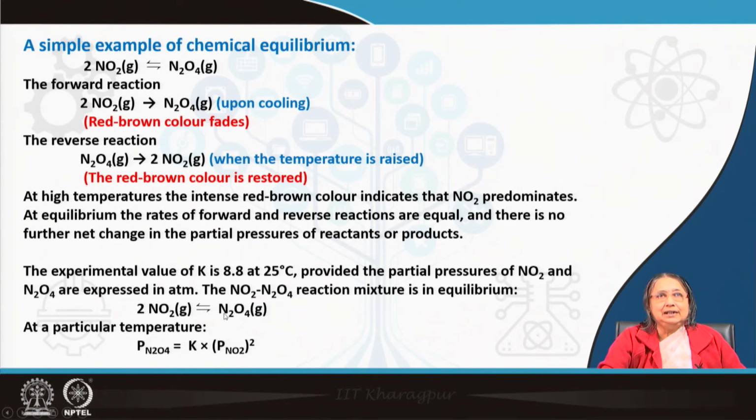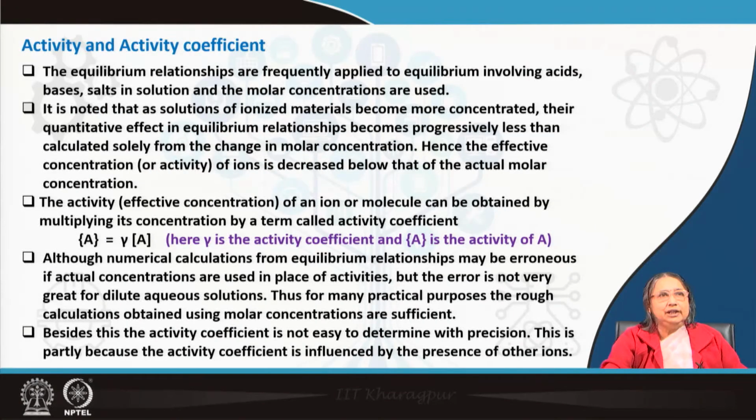Okay. This is the expression. You always write this expression in case of either gaseous equilibrium or aqueous equilibrium. So, the concept is the same, but you have to use different types of concentrations. If it is a gas, then you have to use the partial pressure. If it is in ion form in an aqueous solution, then moles per liter.